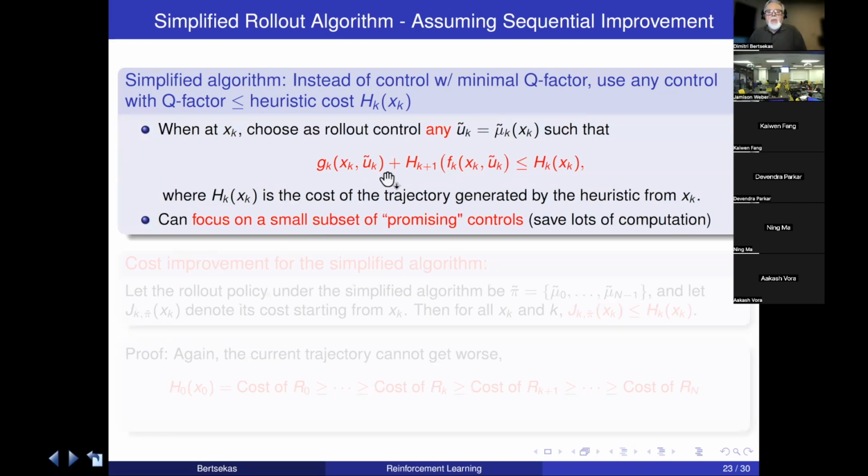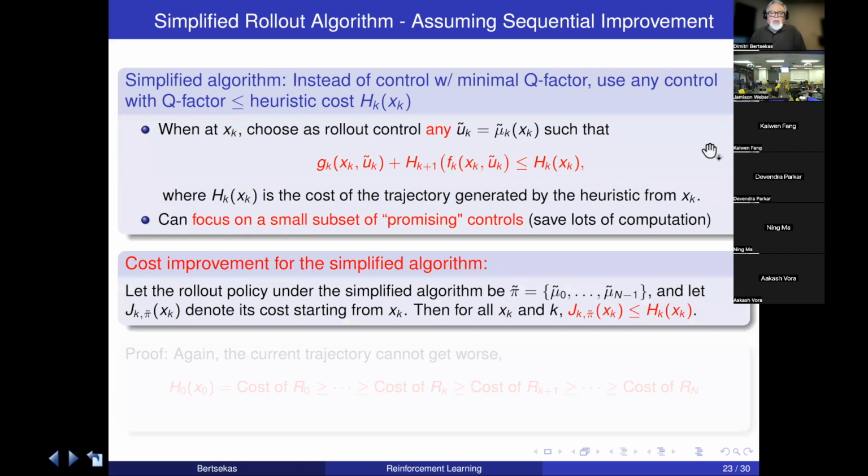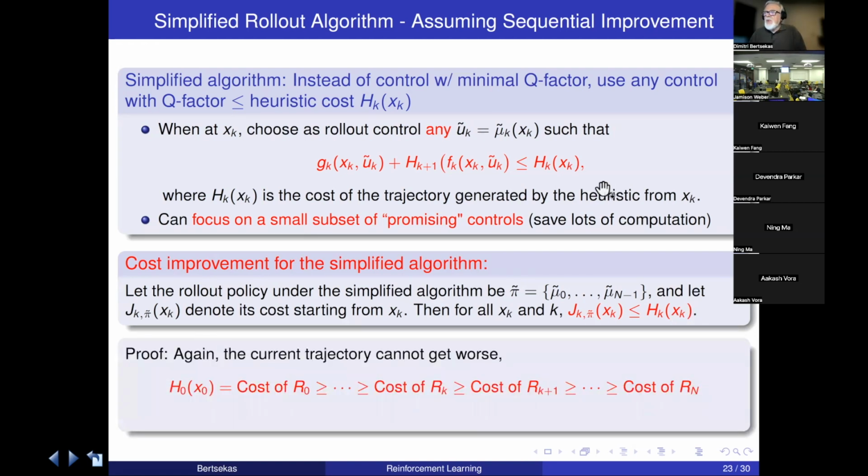So let's see how this condition here can serve as a substitute for the sequential improvement condition. It is actually very simple. What we're going to show is that the rollout policy under the simplified algorithm operation has a smaller cost than the heuristic cost starting from any state. And the proof is exactly the same as the proof under the full sequential improvement condition.